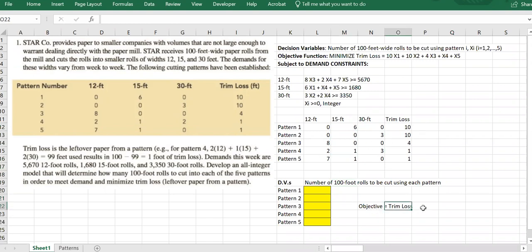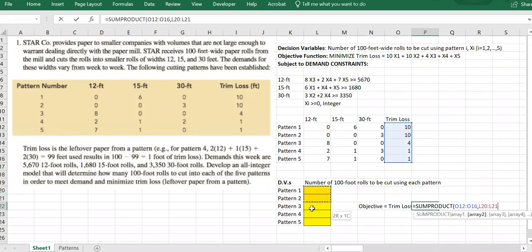Now, objective function: the trim loss is going to be the sum product of the trim loss per each pattern multiplied by the number of large rolls to be cut using each pattern. So that is my objective function.